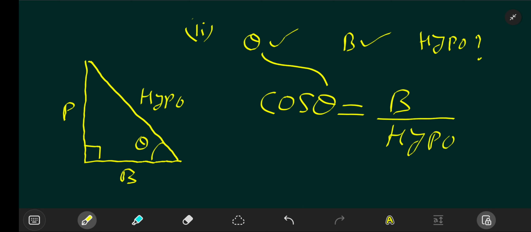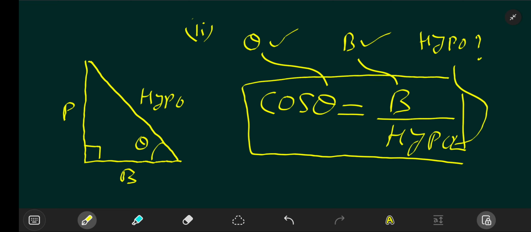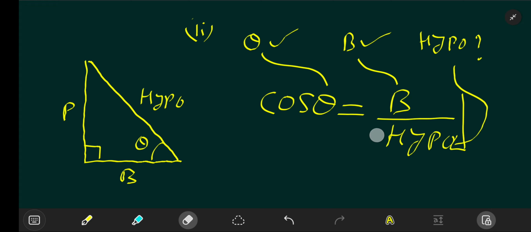Now theta is there, base is there, and the hypotenuse can easily be found. This is the correct trigonometric function, which we have selected by seeing the given information.